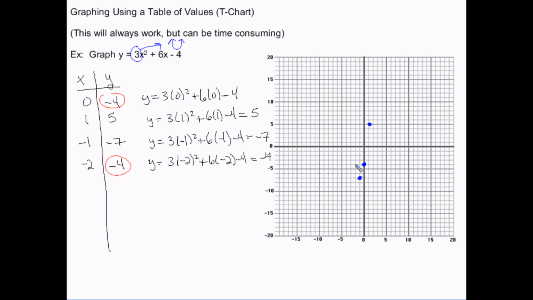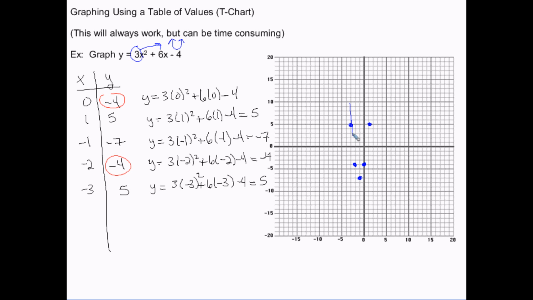So if I go negative 2, I'm back up here to negative 4. And because graphs are symmetric, I can hypothesize that when I plug in negative 3, I should get a positive 5. So I have 3 times 9, which is 27, minus 18, which is 9, minus 4 gives me a positive 5. So I found my symmetric U.